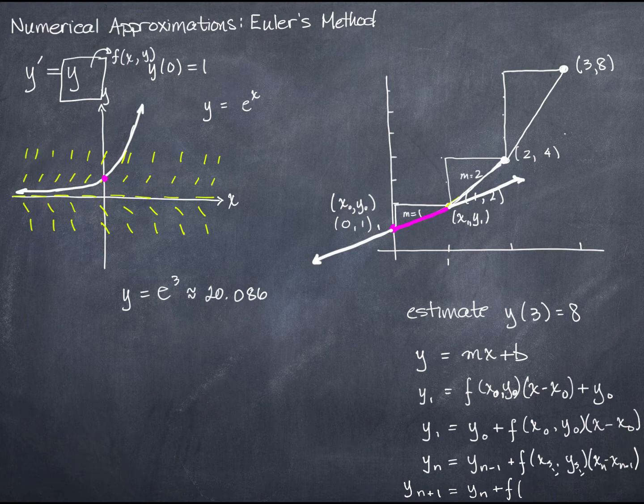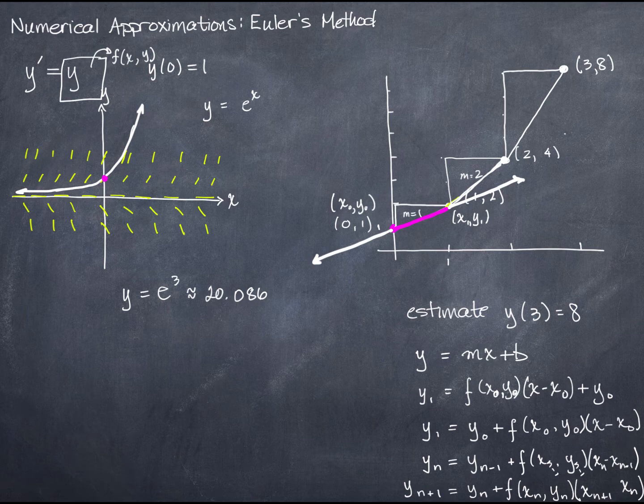I'm going to have a function of x sub n, y sub n, times x sub n plus 1 minus x sub n.